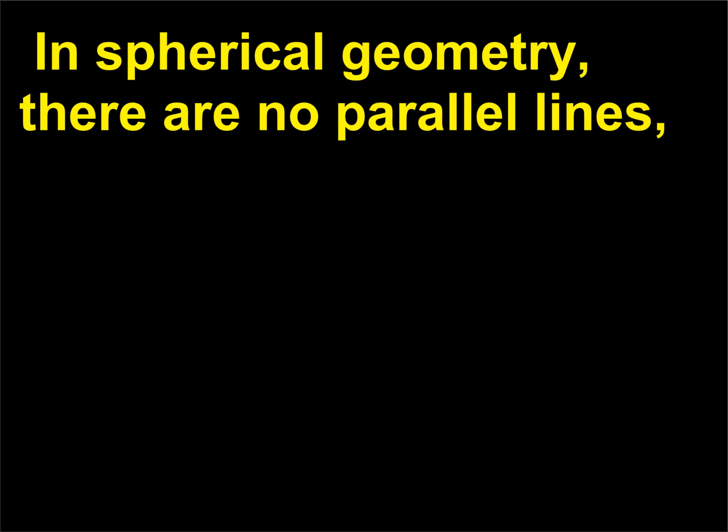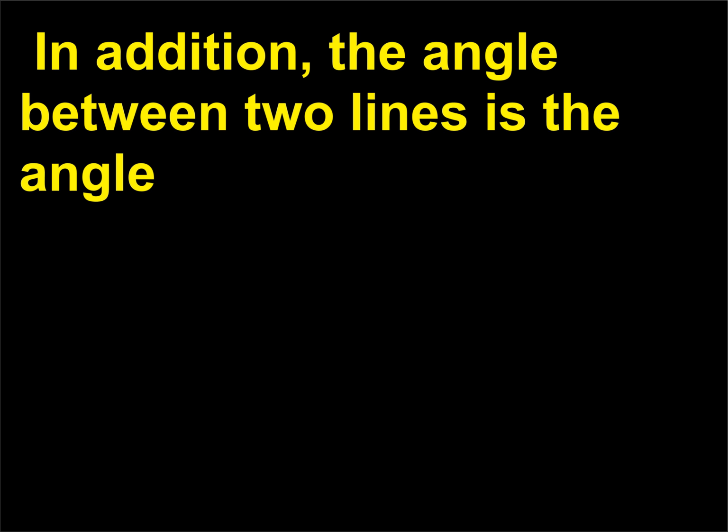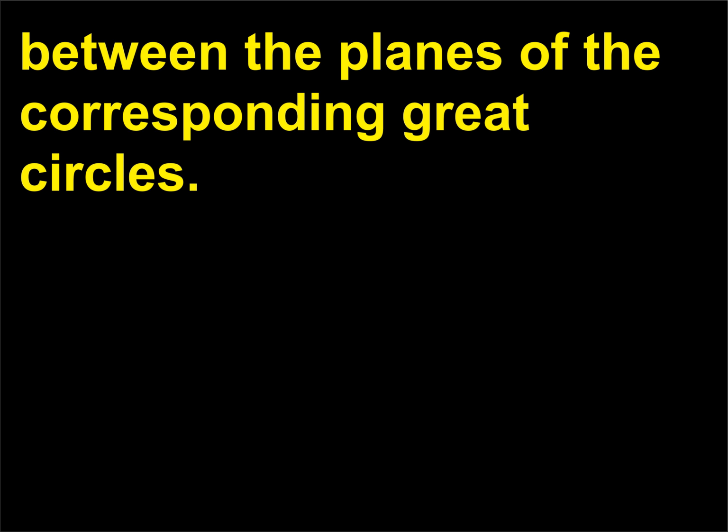In spherical geometry, there are no parallel lines, and straight lines are actually great circles, so any 2 lines meet in 2 points. In addition, the angle between 2 lines is the angle between the planes of the corresponding great circles.